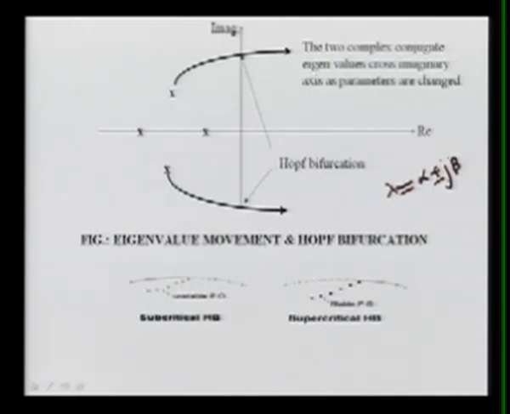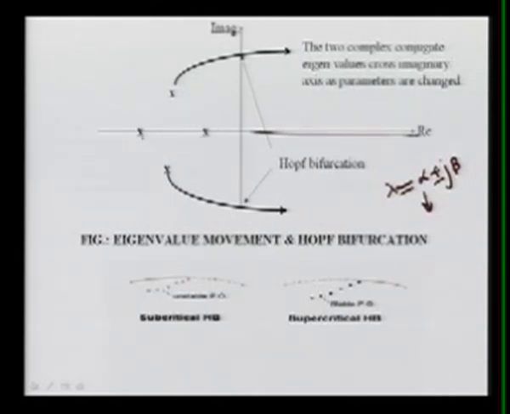If beta is 0, this value can be negative, 0 or positive. If alpha is positive, in this zone, then it is unstable. If it is negative, then it is in the left half plane and stable, and if beta is 0, then it will lie on the real axis.